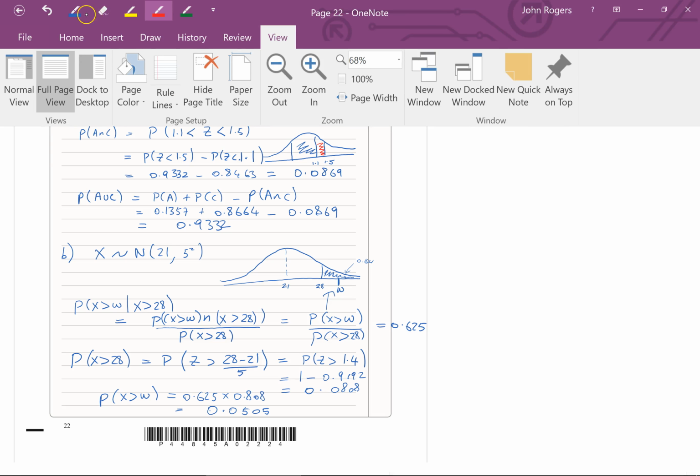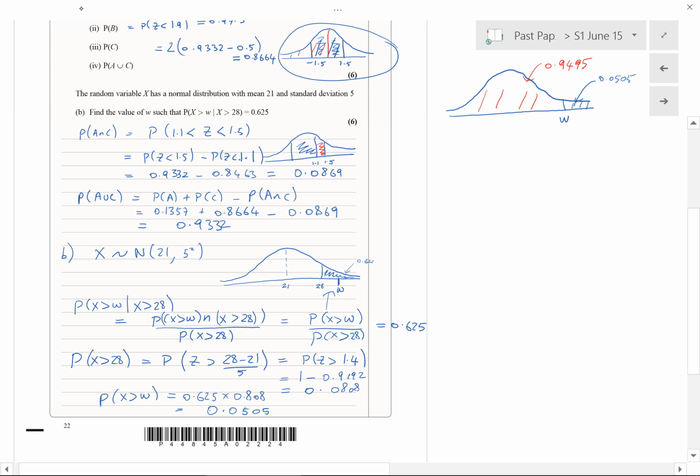So we can say that the probability of x being less than W is equal to 0.9495.